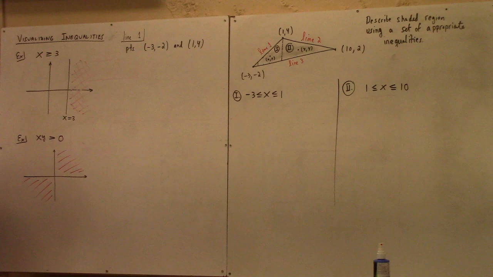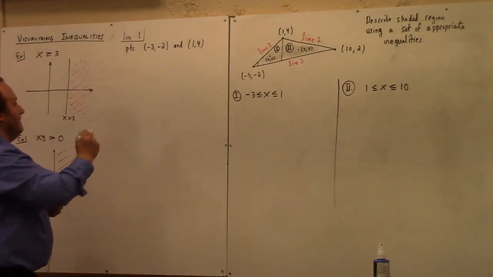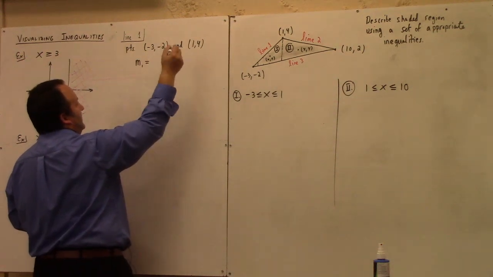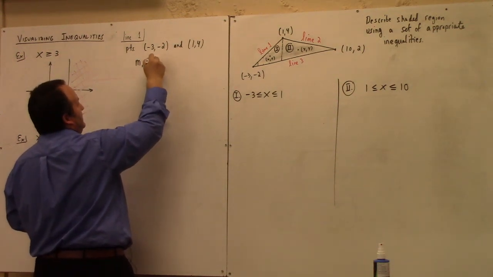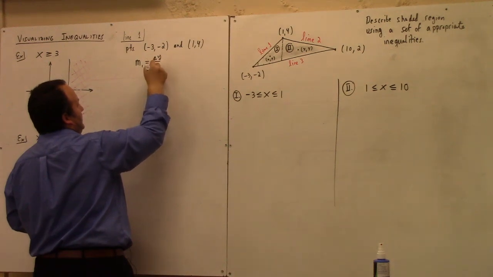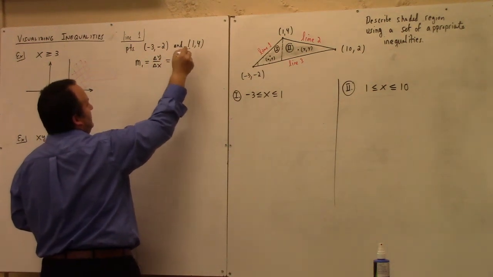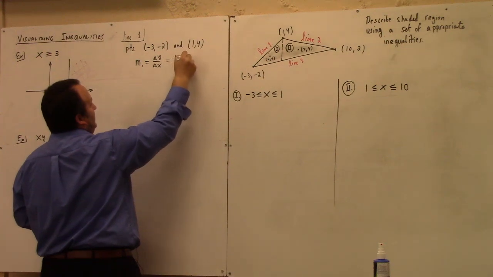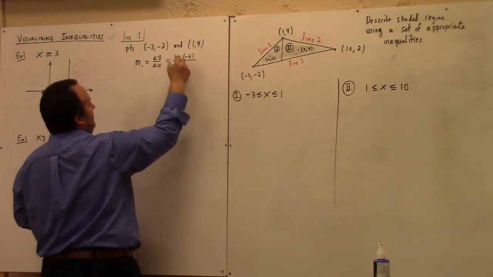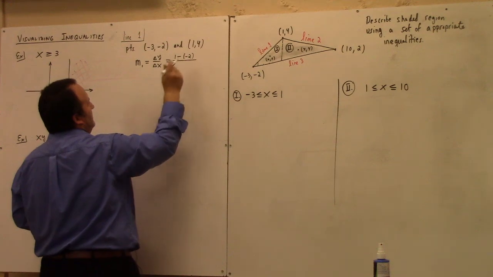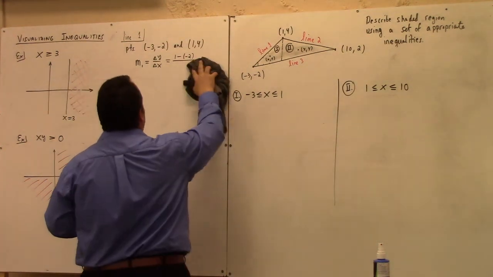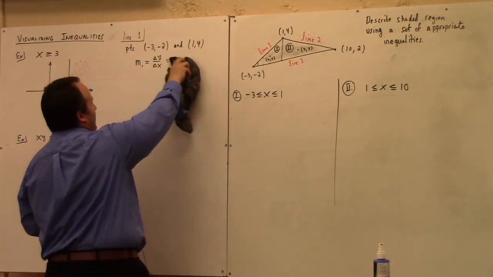So we could find the slope, right? I'll call it M1, the slope for the first line. It would be the change in y over the change in x, which in this case we could write as, oh good grief, don't believe that for a second. Which one's the y component? Which one's the x component?